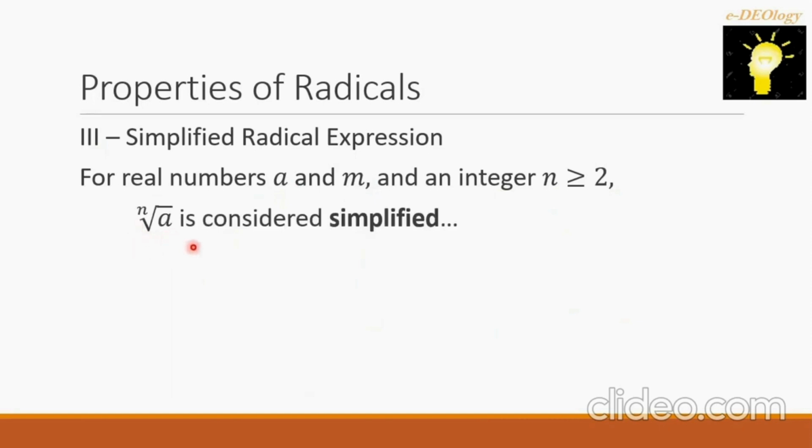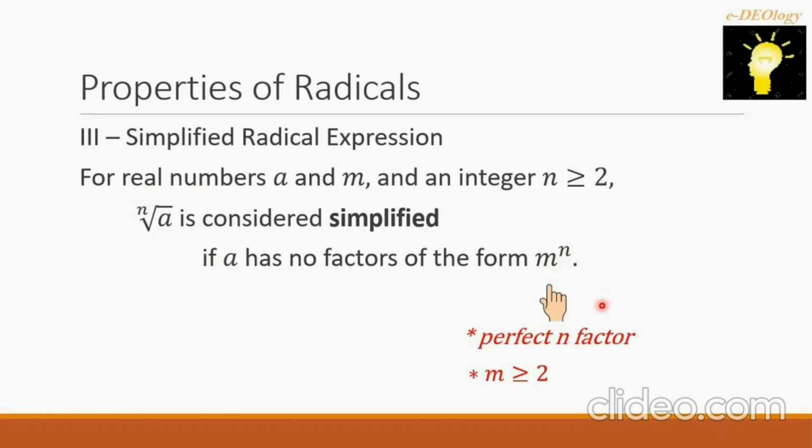The nth root of a is considered simplified if a has no factors of the form m raised to n. So a here is our radicand, and the m is a factor of a, but take note, the power of m here is n, and this n is the same index of our radical.